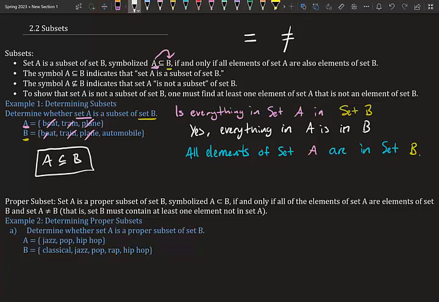What we're actually saying when we say yes, everything in A is in B, is all elements of set A are in set B. Because remember, the things inside are called our elements. So we're looking to see if all of the elements in the first one are in the second one. So it goes set A, then set B. That's why we looked at A first, and then see if that's in B.